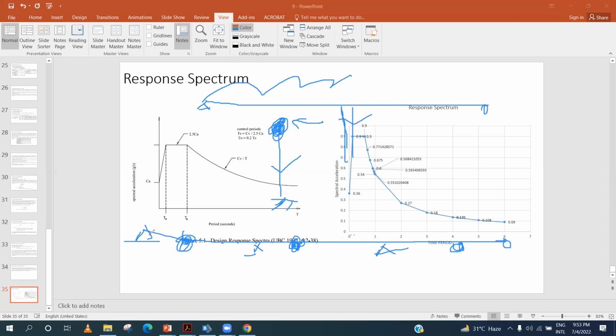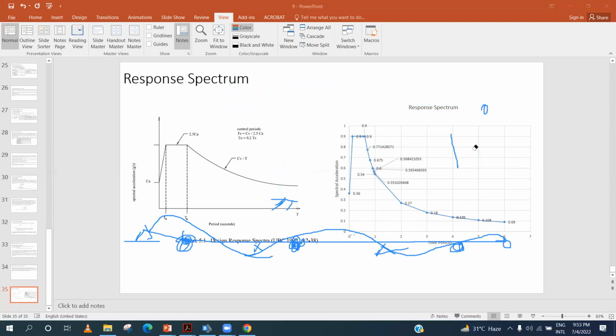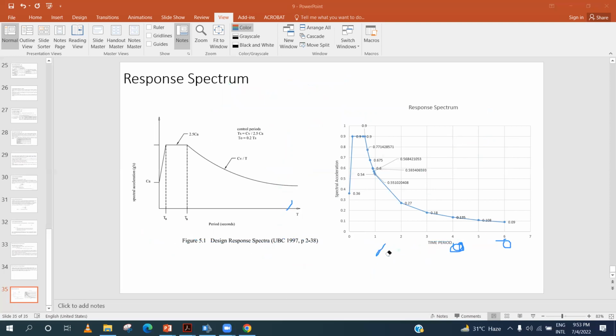The bridge might be formed in different configurations, and all these configurations are added to give us a resultant, which is known as the cumulative result of the response spectrum analysis. So this is a very brief overview of response spectrum.